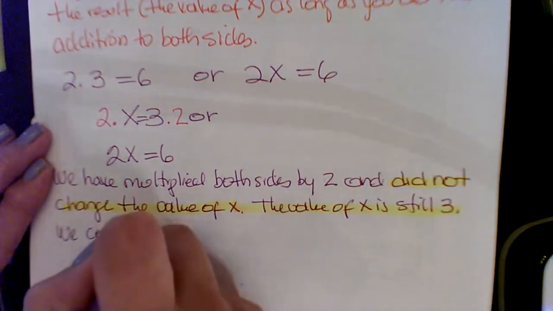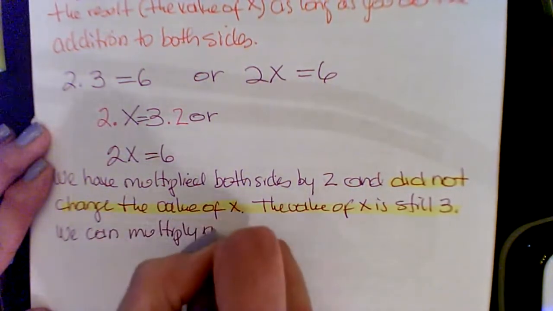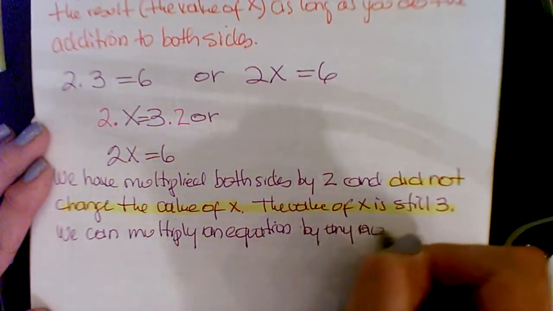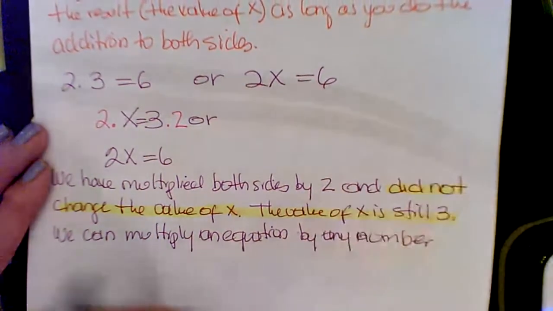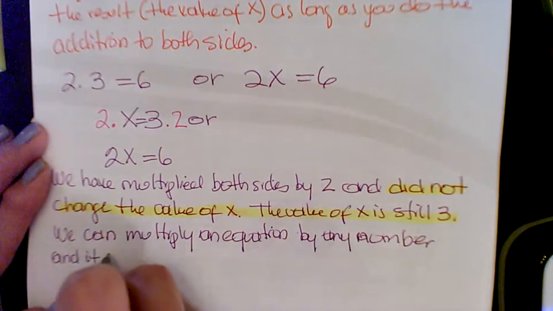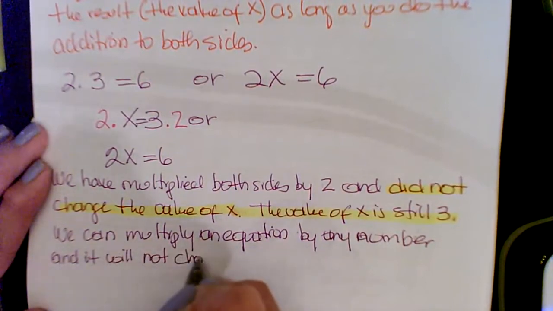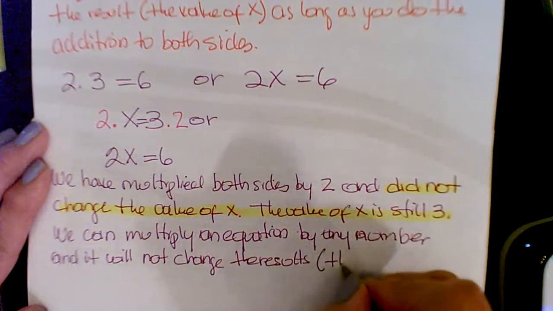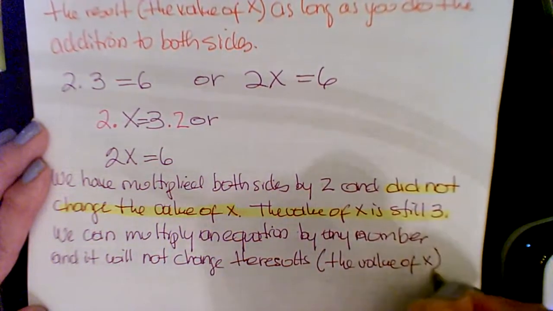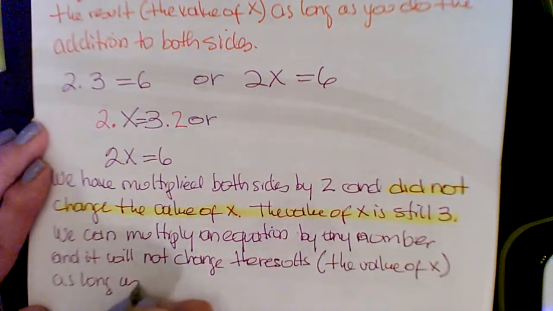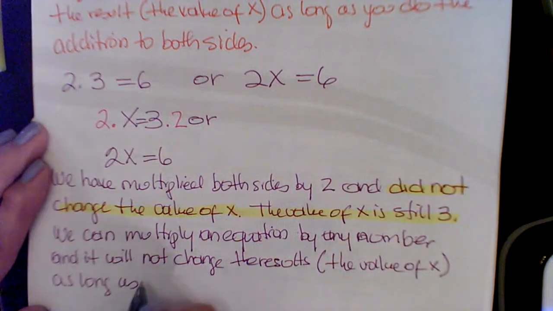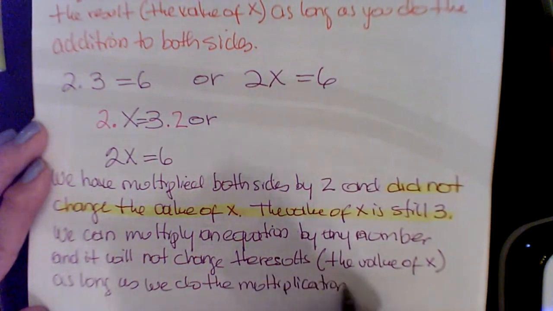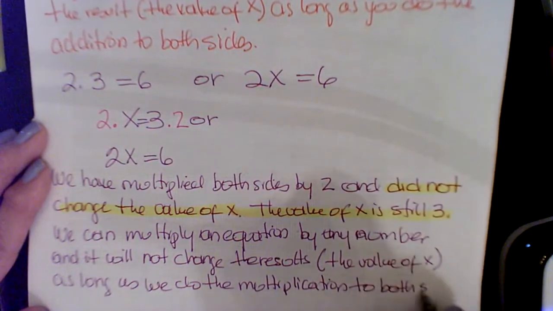That we can multiply an equation by any number, and it will not change the results, meaning the value of x, as long as we do the multiplication on both sides. To both sides, okay?